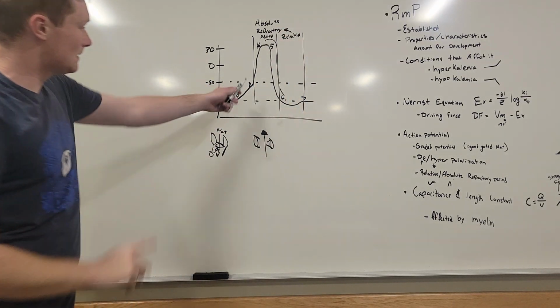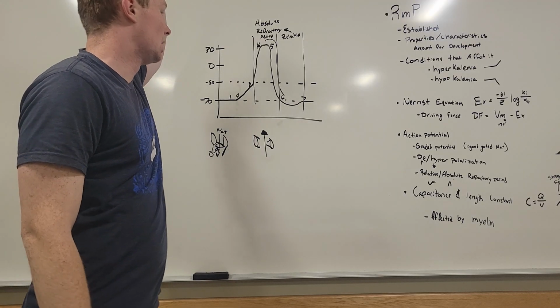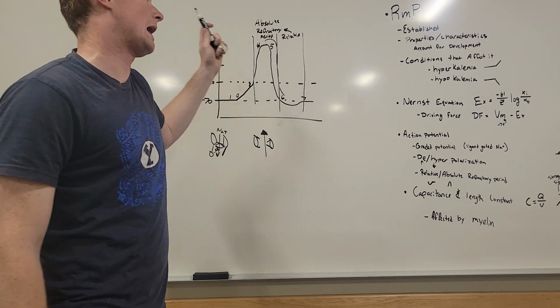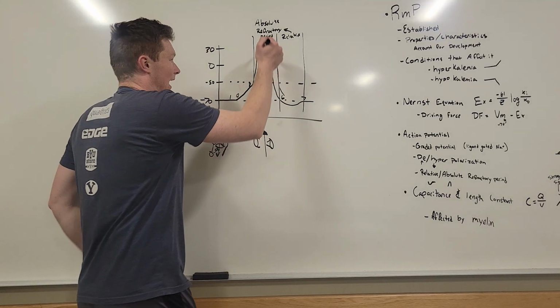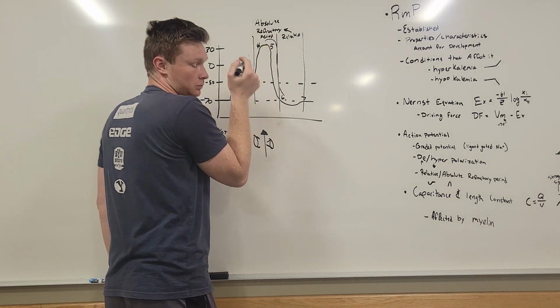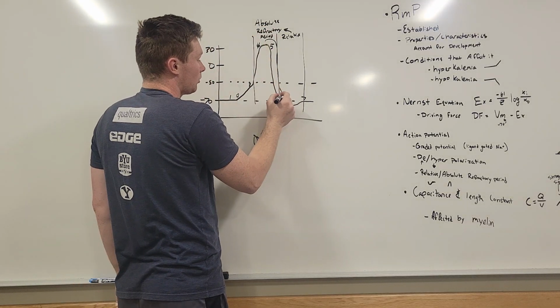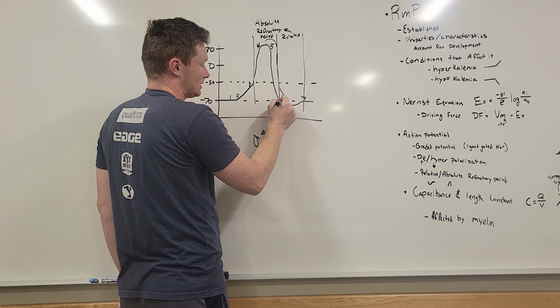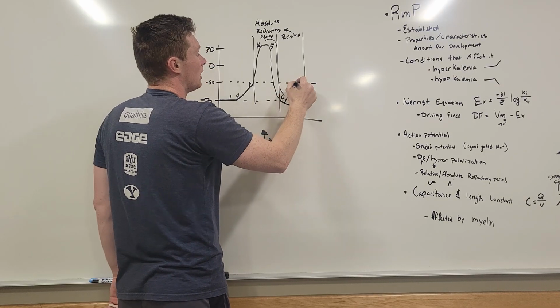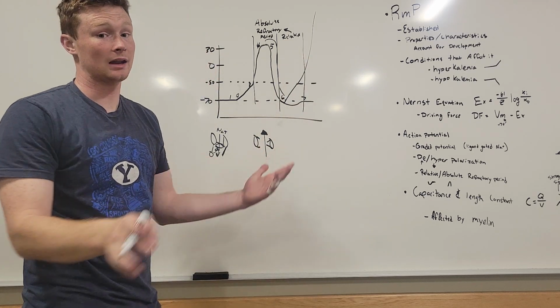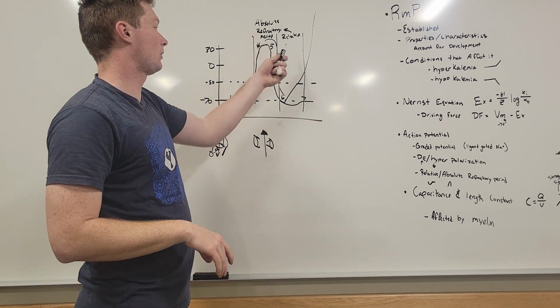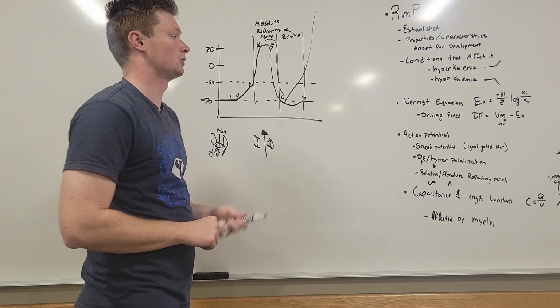Within the absolute period, we cannot have any other action potential at the same time. You cannot have an action potential in here because we're already having one. But here we could have a stimulus hit us right here, go up again, and suddenly we're in an action potential again. So relative refractory period, you can have action potentials again.